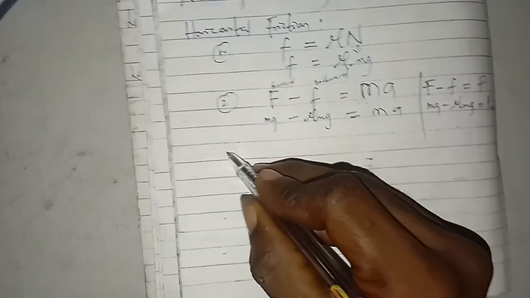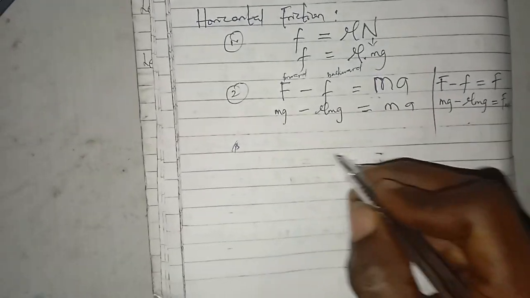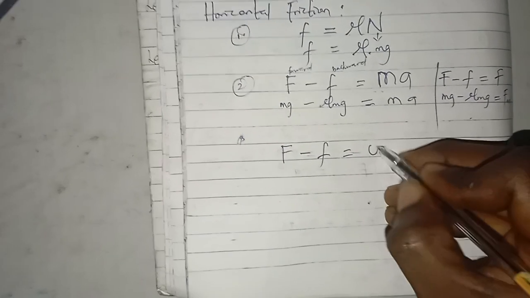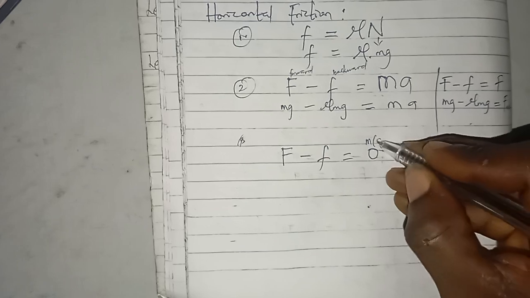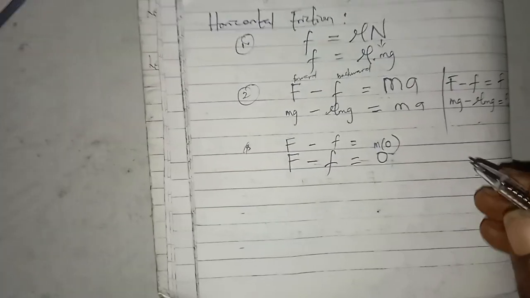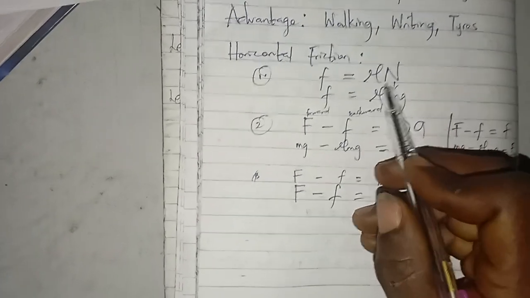But a situation whereby I don't have acceleration, that means this will be F minus F equals 0, because A here will be 0. If that be the case, you can now see that this is looking like the first one here.